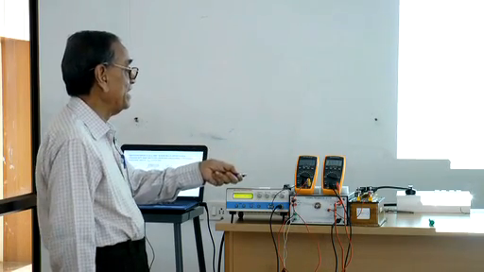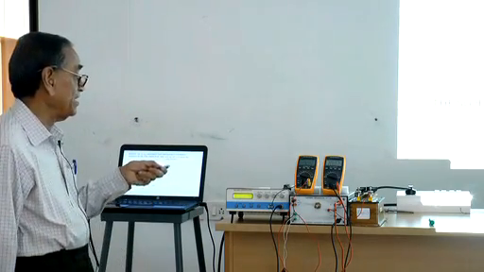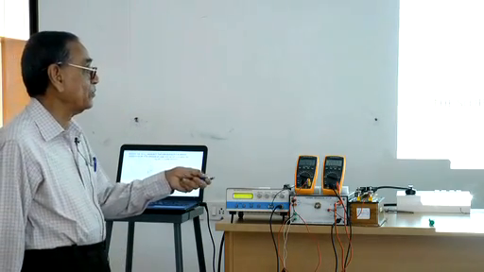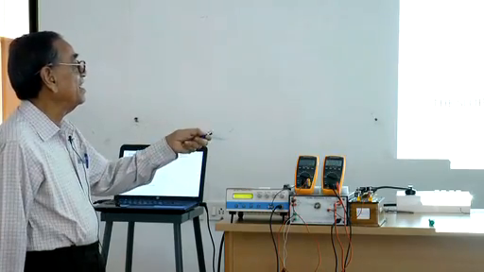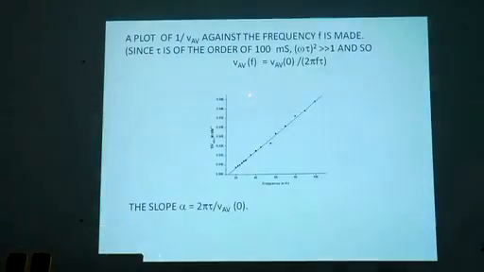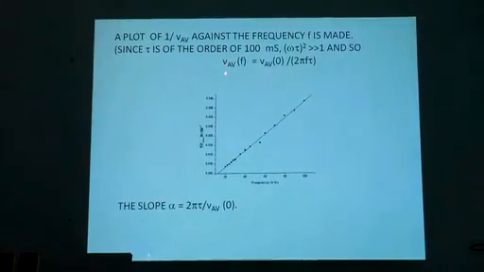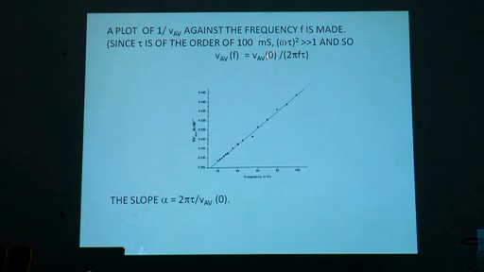This is 1 by average value, and I plot 1 by average value against the frequency. I will get a straight line. The average value of the voltage at frequency f will vary as V average at frequency 0 by 2 pi f tau, because omega tau square is very much greater than 1.